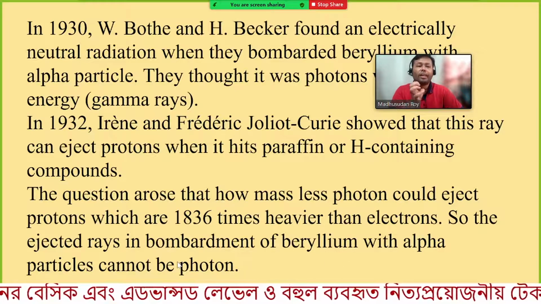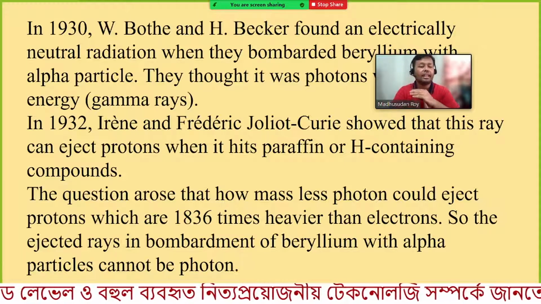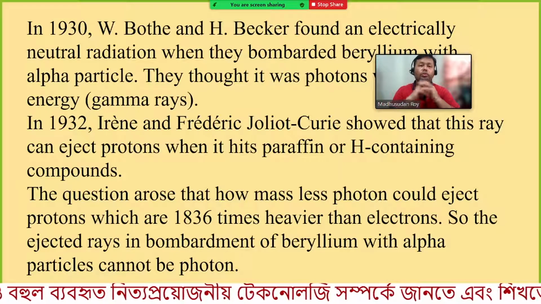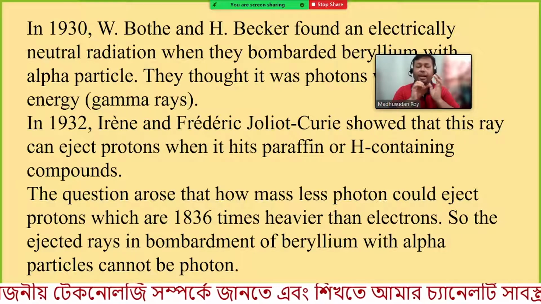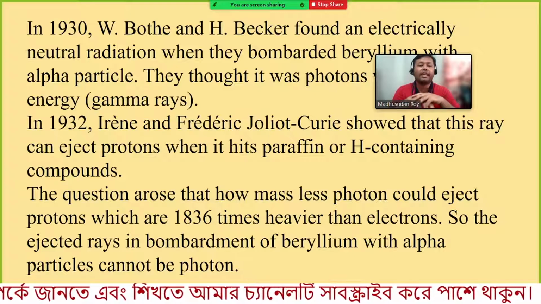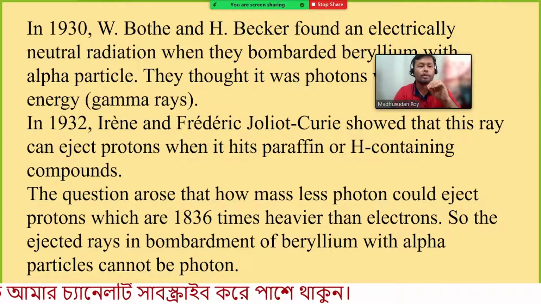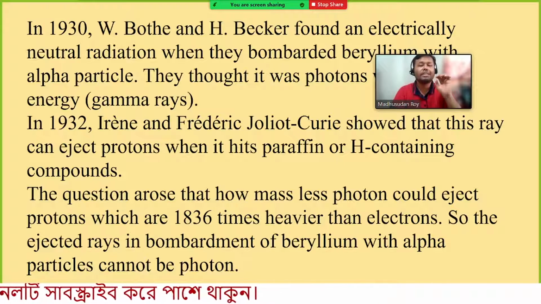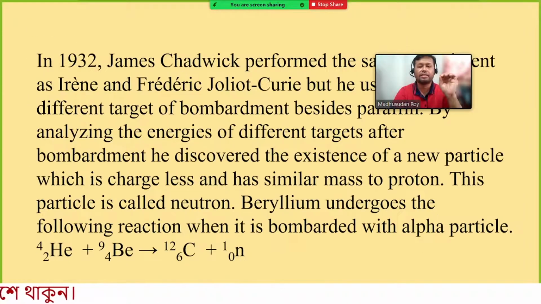As already we have mentioned, this radiation can eject hydrogens or protons from a molecule. Therefore if this is massless, that means zero mass, these types of radiation cannot eject a heavier particle or heavier proton. Therefore that should be something different, that should have some mass.